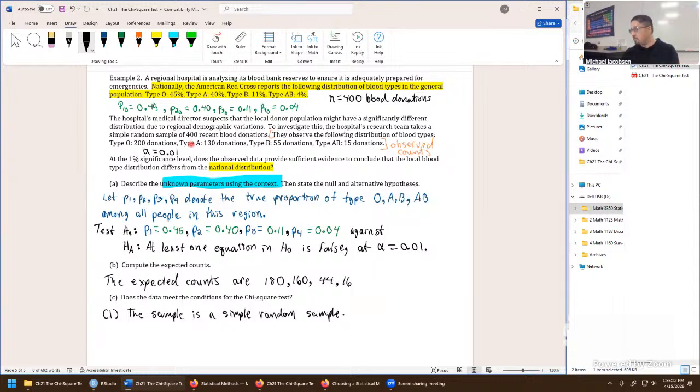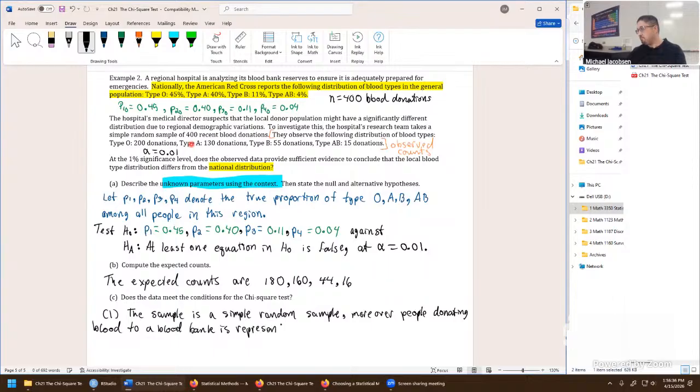But I'll put here further, moreover, people donating blood to a blood bank is representative of the entire population with respect to blood types.